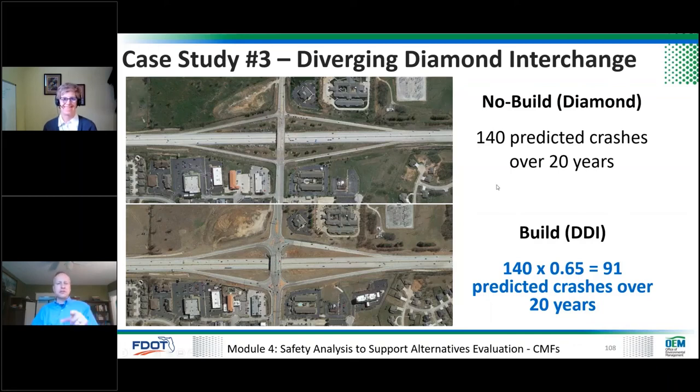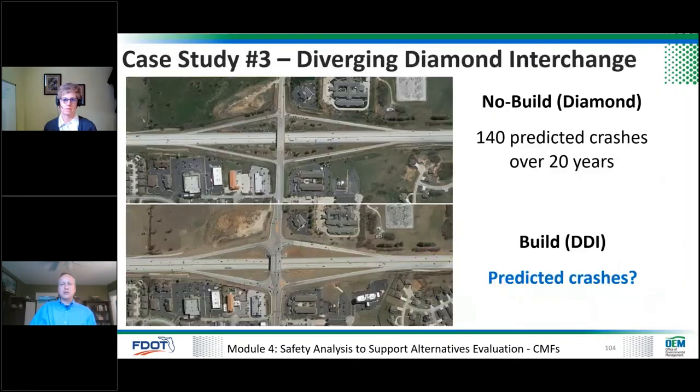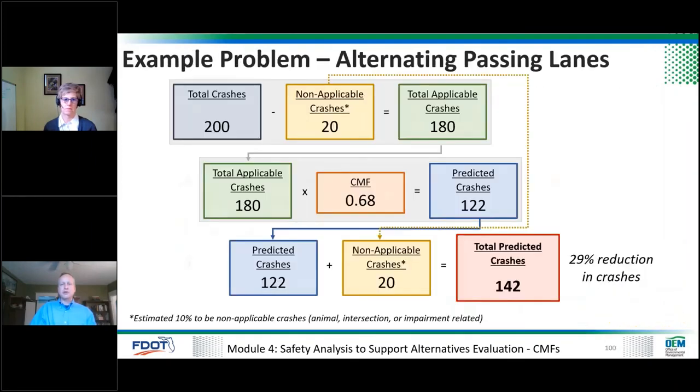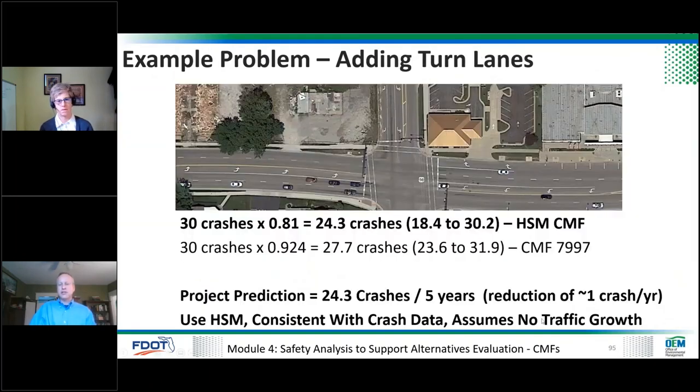Yeah, so in this example, the traffic growth is baked into the predictions. It's assumed that we did these predictions with traffic growth and used safety performance functions to get them. If I go back to a prior slide, a few slides back, I said it assumes no traffic growth for this left turn lane example where we applied the CMF.